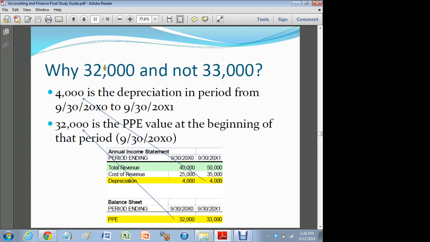So exactly why we said not 33,000, but actually we're going to use this number for the next period, because the end of this period is the beginning of the next period.